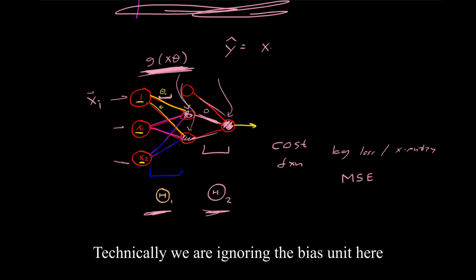We're just going to do x_i times this first theta, and then we're going to do g of that. And then we're going to take that and multiply it by the second matrix. And then we're going to do g of that. And that gives us our predicted outcome.